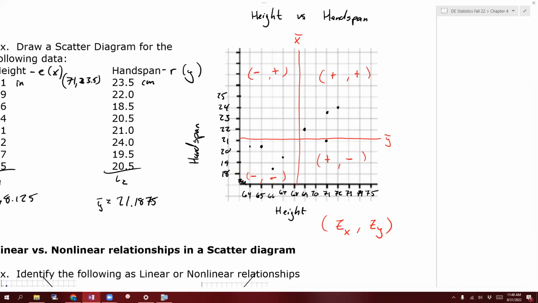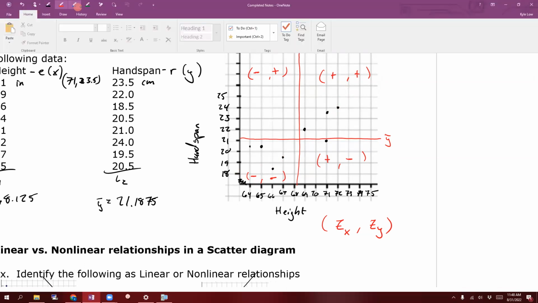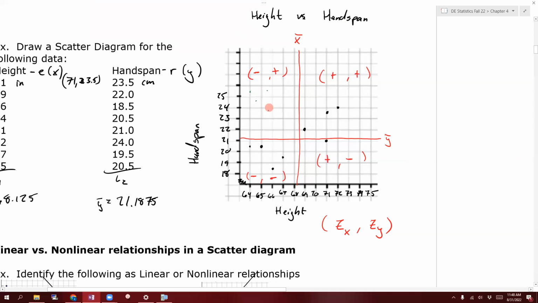If I had some other graph and those imaginary points were up in this quadrant here where it was negative, positive, and down here where it was positive, negative, that would give me a negative R value, because when I multiplied my two Z scores together, one of those Z scores is positive, one is negative, which would make the result negative.